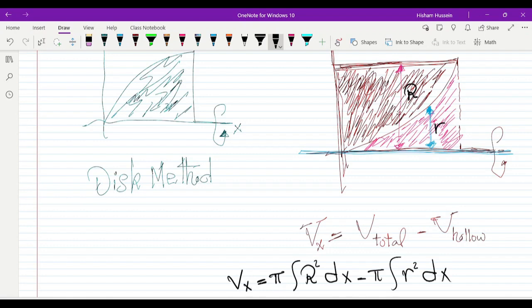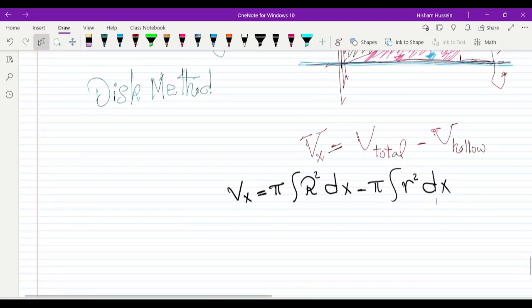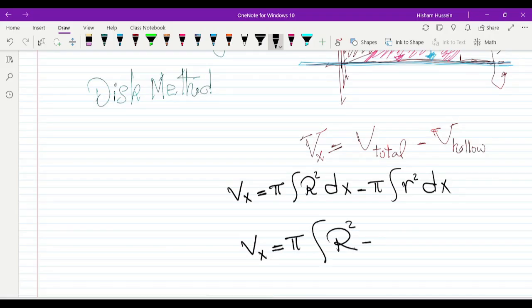Or in other form, we can write it as: volume of rotation about x equals pi integration of R outer squared minus r inner squared dx.